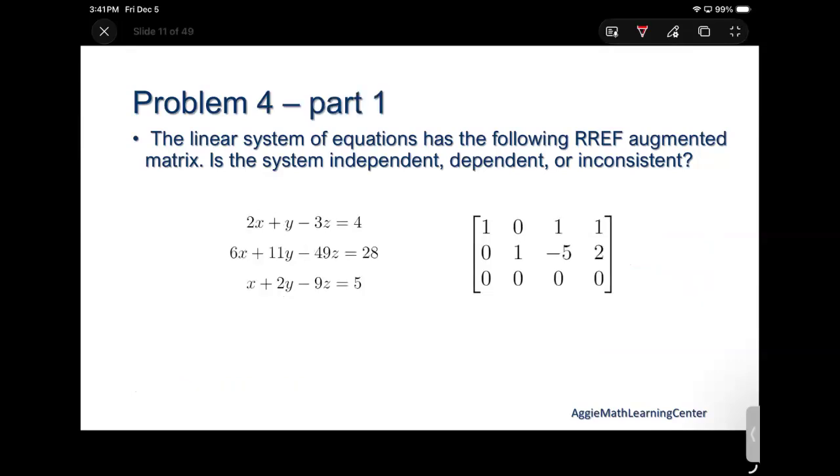And then the last example is this one. If we were to write out what this matrix is telling us, we have x plus z equals 1, y minus 5z equals 2, and 0 equals 0. 0 equals 0 is a true statement, so it's not inconsistent, but it doesn't help us at all in solving.